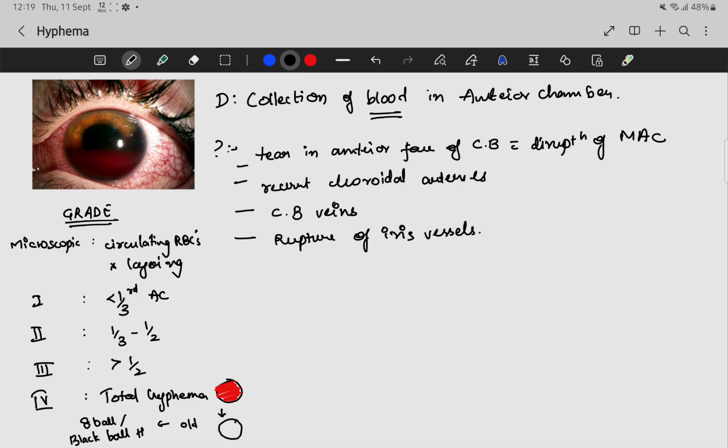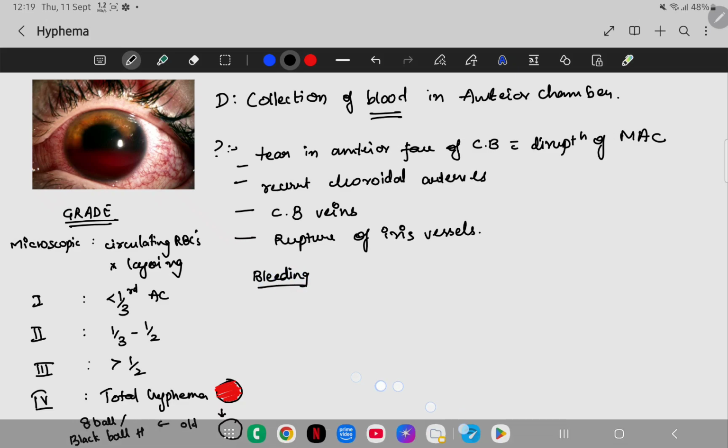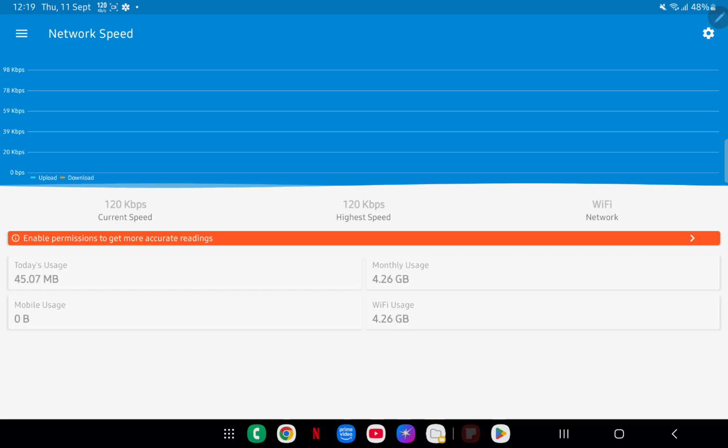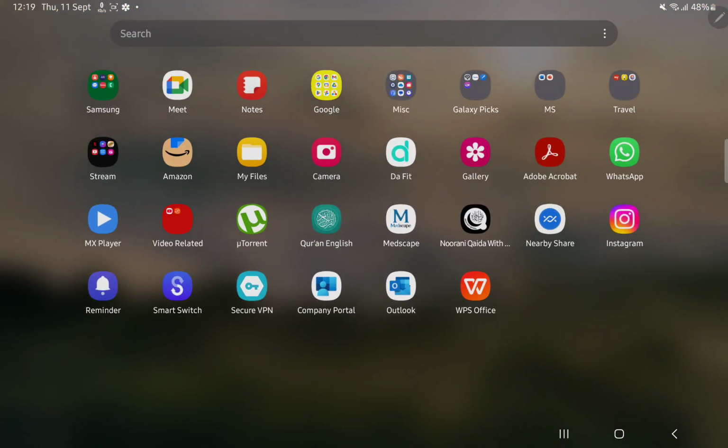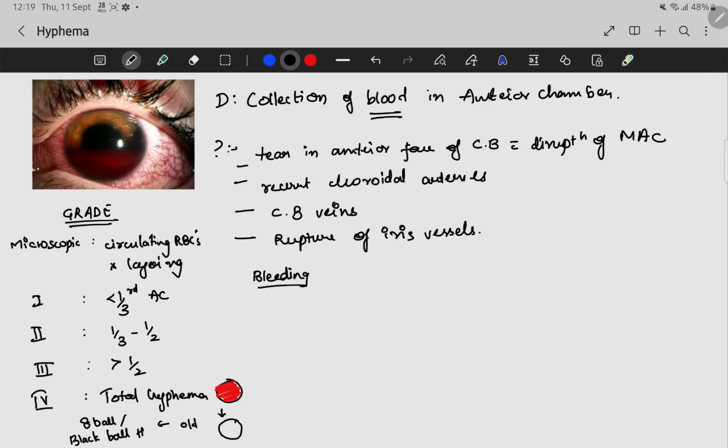Next, coming to the bleeding. So how does this bleeding stop? So the bleeding can stop usually within 2 to 5 days. So that's why we have to wait minimum of 4 days before doing any intervention in these cases, because there is a chance of rebleed.